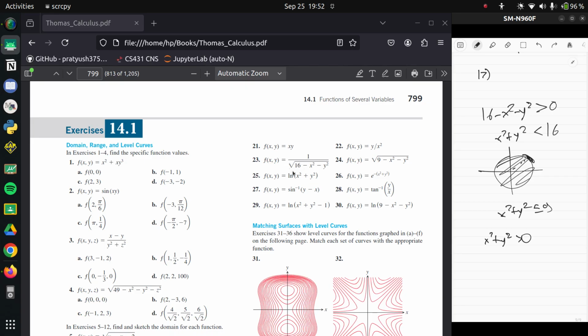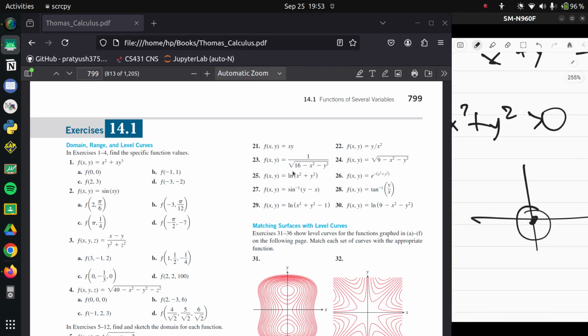So the thing is, x squared plus y squared is greater than 0. Is that an open set? Around (0, 0), you take a point, no matter how small a disk you have, you can always have a smaller disk. By contradiction, you can say that (0, 0) is a boundary point.